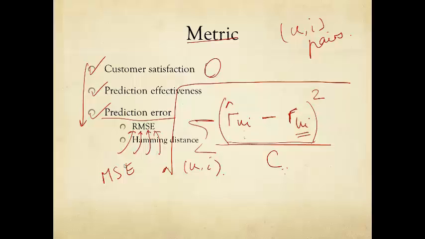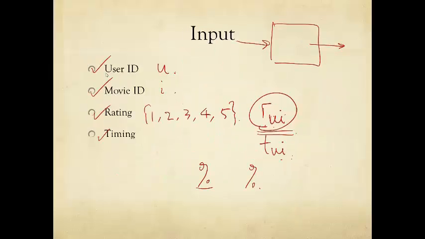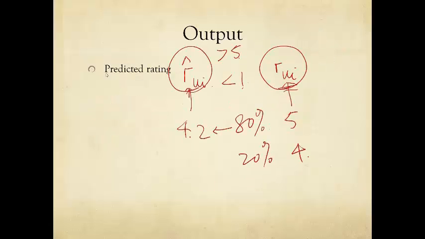All right, so now we're looking at this RMSE or MSE as the quantitative metric describing how wrong your recommendations are across this set of test points. And we'll use that as the proxy for these eventual goals. So our job is, given the inputs U and I and R UI and T UI, I'm going to find a way to make recommendations and give you an output R hat.